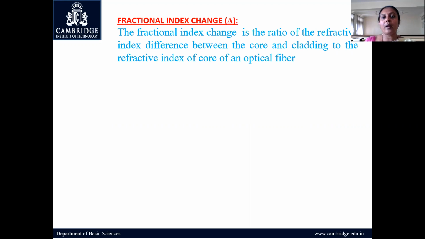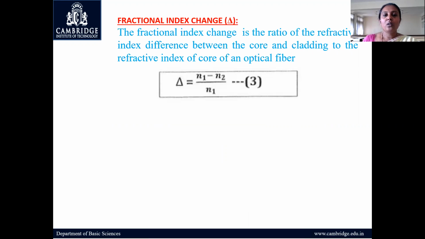So why do we define or calculate this fractional index change? We want to know how much the refractive index changes with respect to the core and with respect to the cladding.